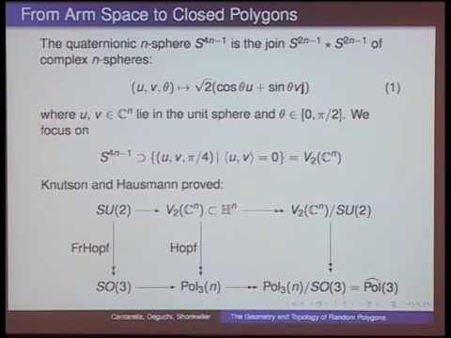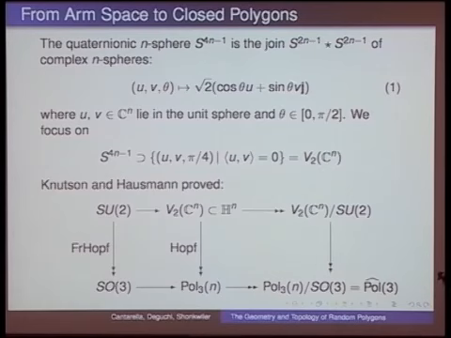So this j has the effect of moving the complex n space from the first two coordinates to the second two coordinates. So this is now a vector in the quaternionic sphere. Okay, well, fair enough. I can write any sphere like that. Usually you write the 3 sphere, right, as the join of two 1 spheres.